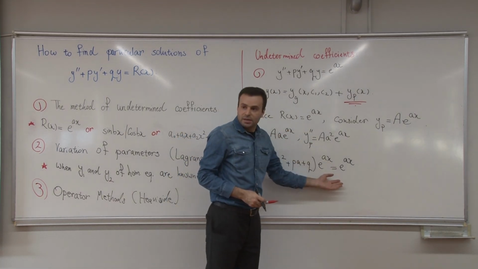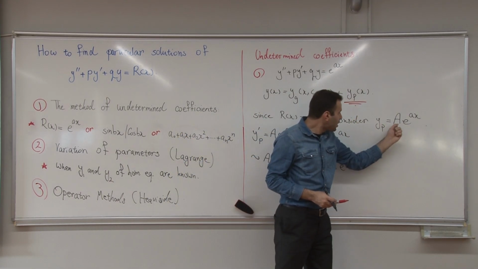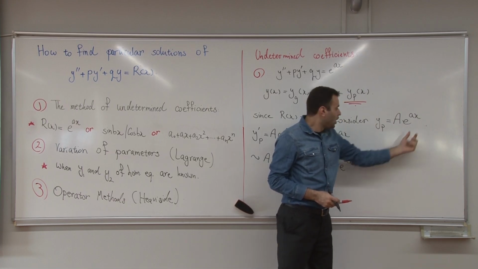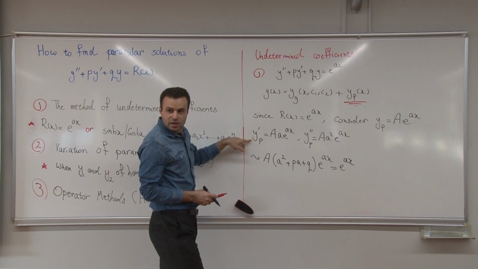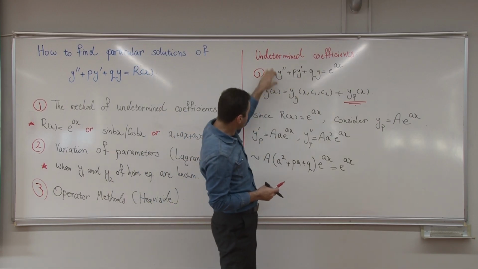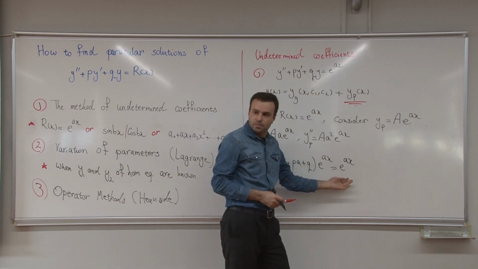Do you see what is happening? I'm assuming that my solution is a constant times this right hand side, taking its first derivative, second derivative, replacing it in the equation. Left hand side is equal to this, right hand side is equal to this.